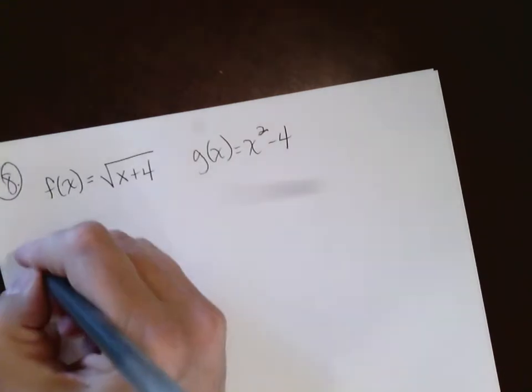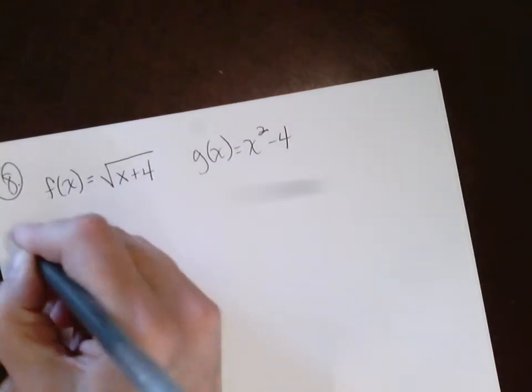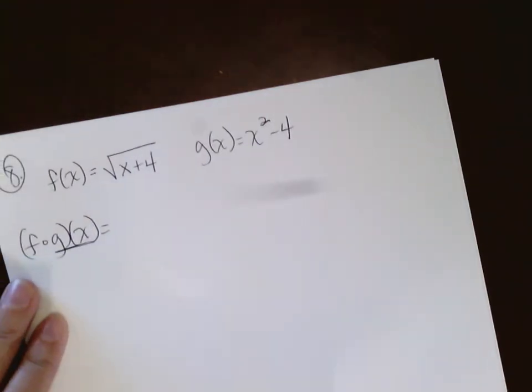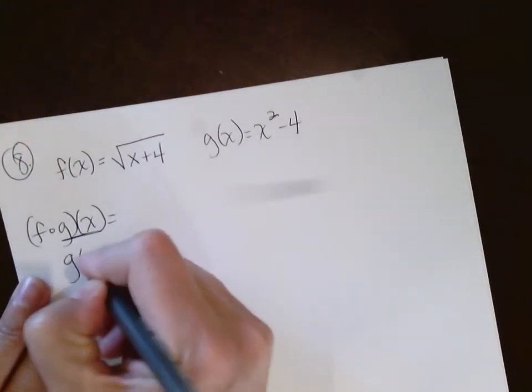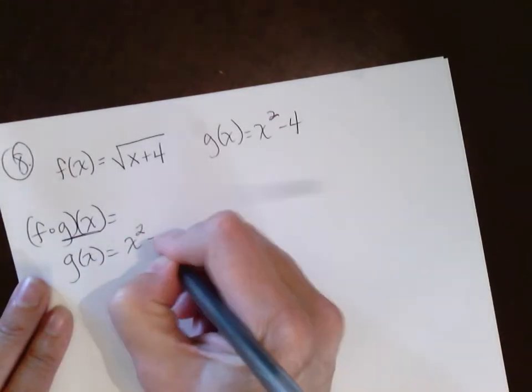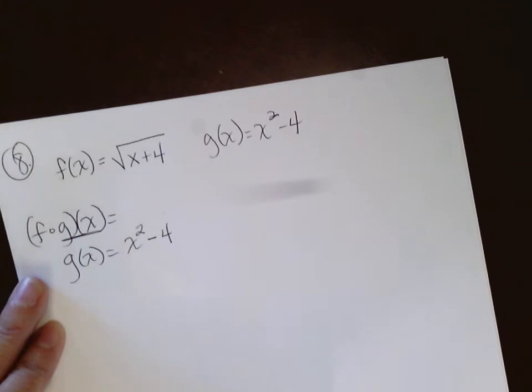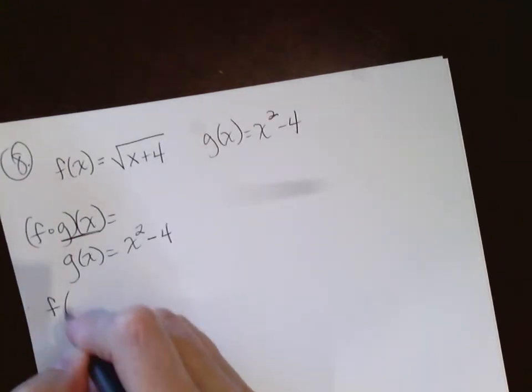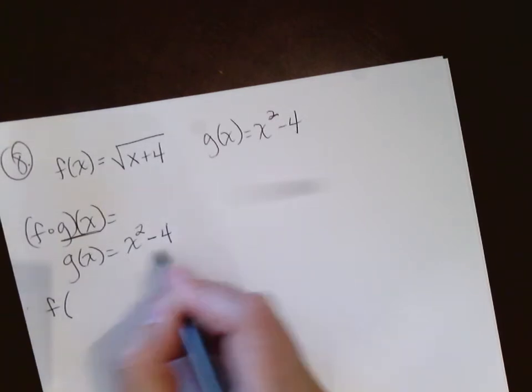Finding f of g of x first, which means start off by finding g of x. Well, I know g of x equals x squared minus 4. So now drop down my f, and I'm finding f of this answer.